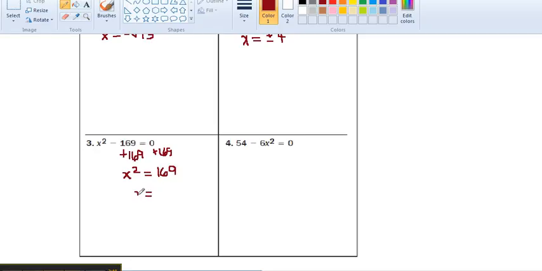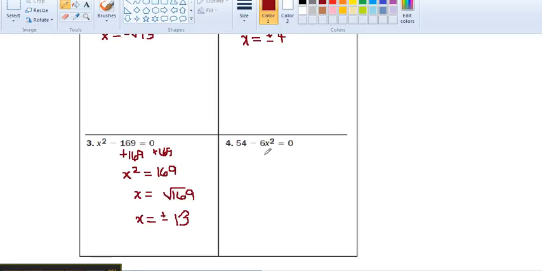So x equals whatever the square root of 169 is. Think about that one for a little while, but you can put that in a calculator, but it's going to come to 13. But don't forget that it's plus or minus 13 on that one.